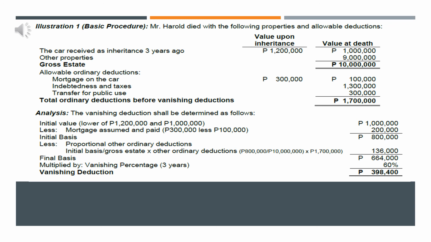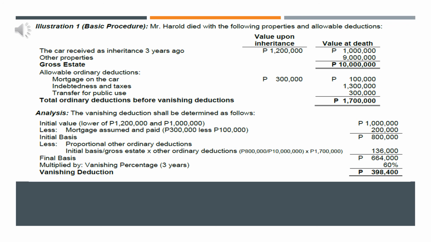Ililess natin yung proportional deduction to other ordinary deductions. Ito yung kanina. Diba? 1,700,000. Now, initial basis, which is the 800 over the gross estate, which is 10 million, multiply by the proportionate part of your ordinary deduction na 1.7. Therefore, ang proportionate deduction niya is 136,000 pesos.